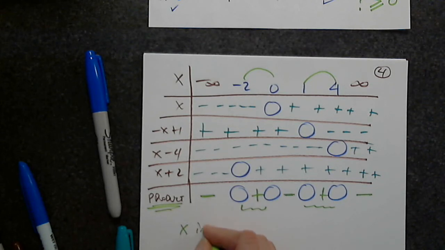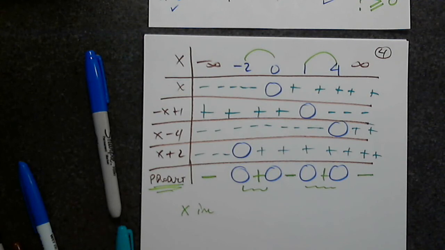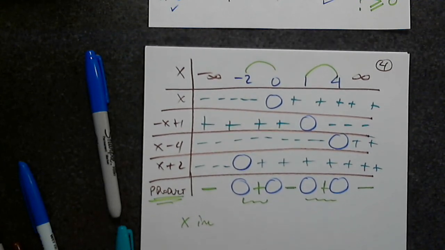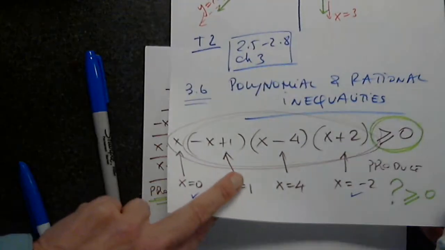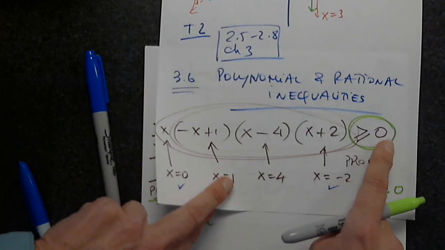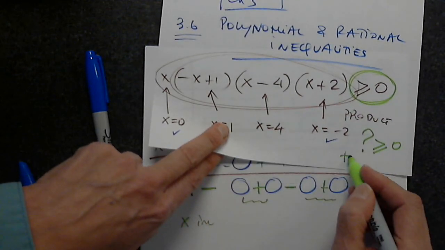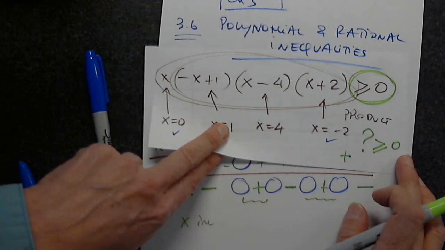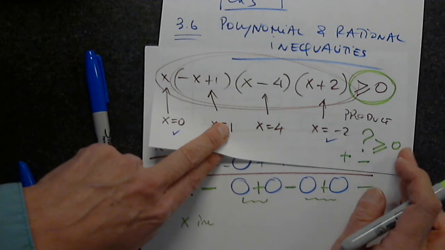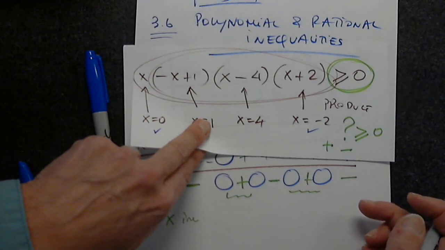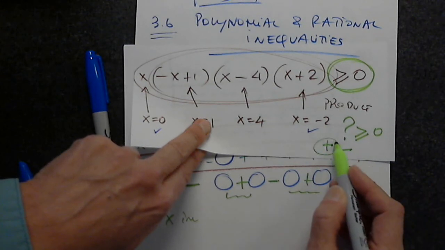So I will write x in the interval. The product is to be greater than or equal to 0, which means positive, correct? Is positive greater than or equal to 0 or negative greater than or equal to 0? Which one? Positive, correct?